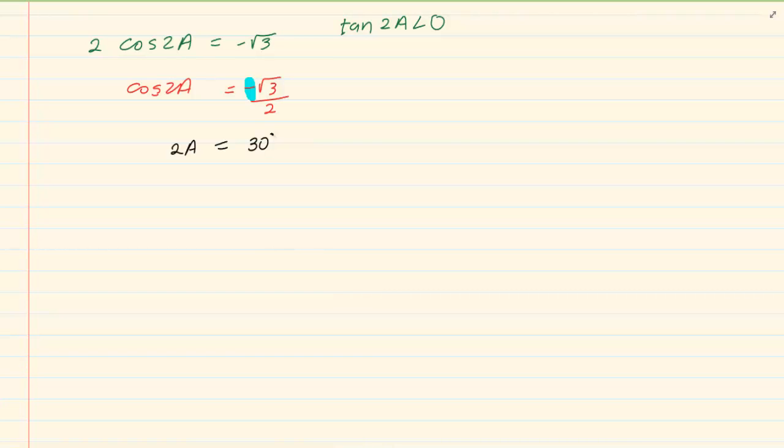How do we decide which quadrants we're working in? Look at the restriction. We have a negative, so cos is negative in the second and the third quadrant. Look at the second restriction we have. Tan 2a is less than 0. What are they saying?